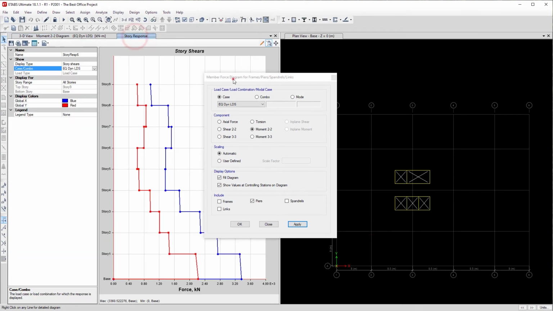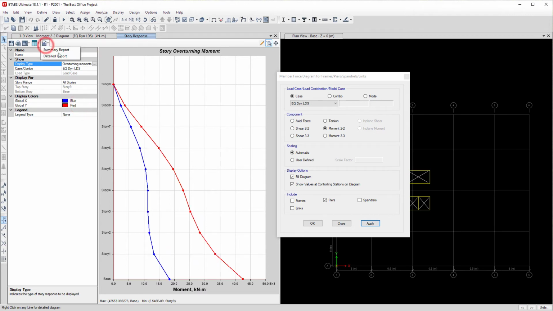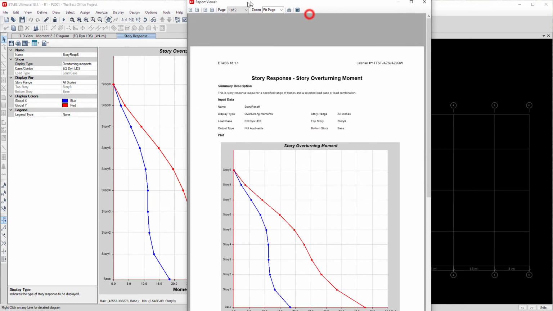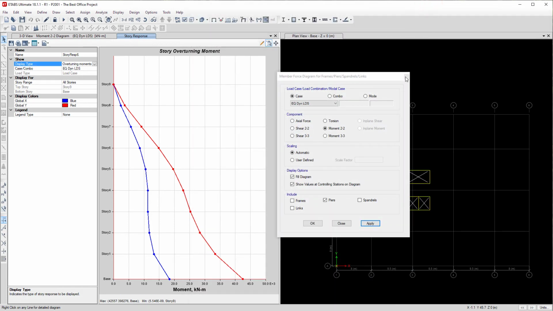If I go here and I look for the earthquake limited ductile overturning moment, I could see that my total overturning at the base about the X direction is actually 18,300 and my cores are taking 15,000. So 15,000 out of 18,000 is about 84%, which I think is pretty good.